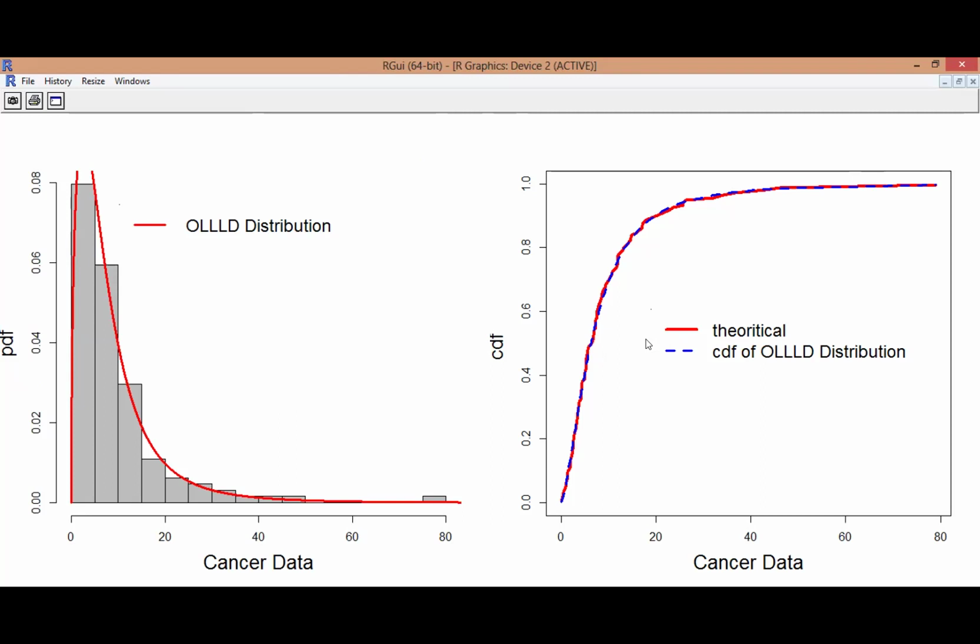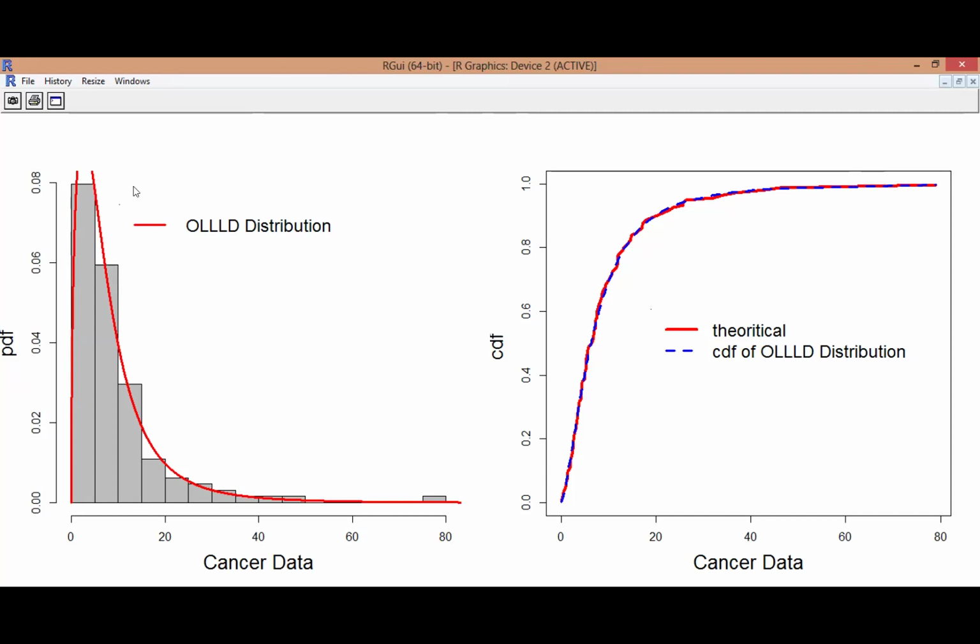Okay, from the two plots, the density plot and the cumulative plot, we can conclude that the odd Lomax logistic distribution is the best model for the cancer data.